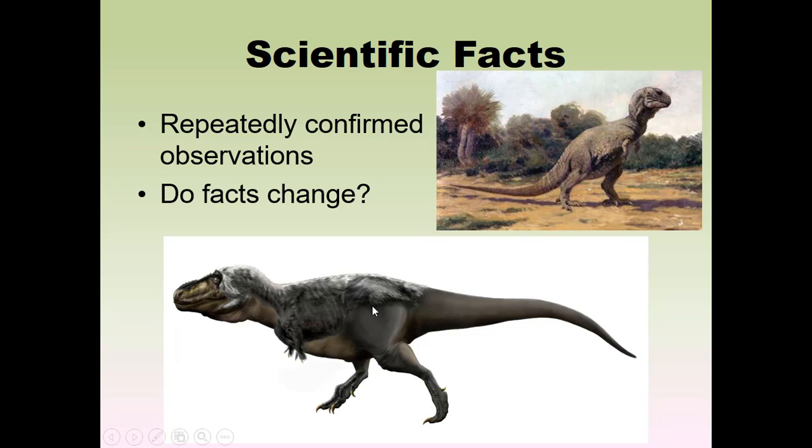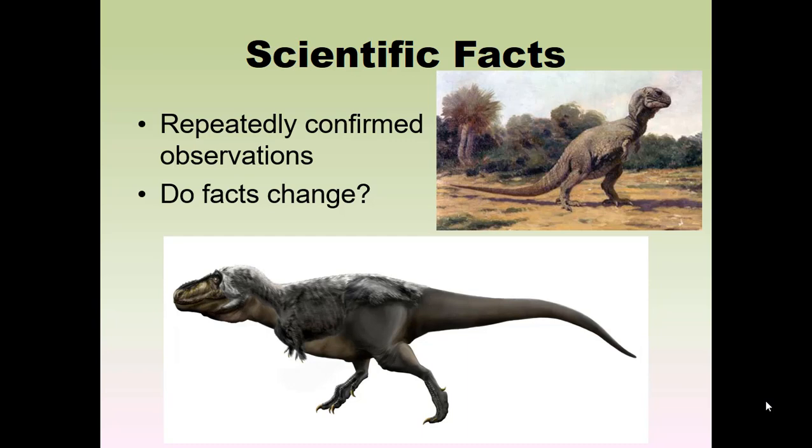So that certainly is a game changer. So we accept that many of these dinosaurs, raptor-type dinosaurs, would have had feathers during their lifetime. So that certainly is quite a change there. So we have to realize that facts, even though we accept them as truths, are subject to change pending new information.